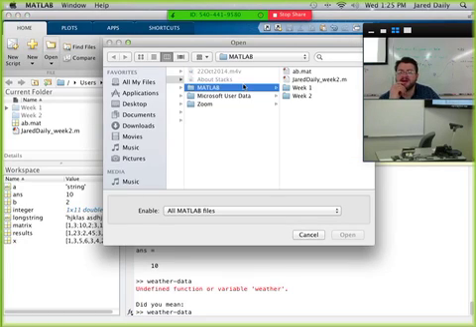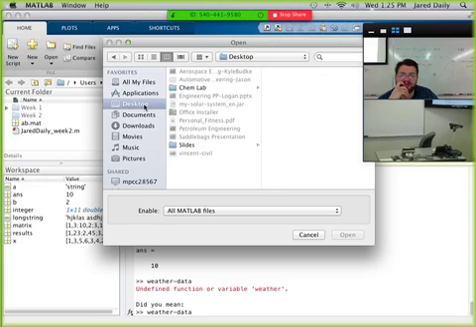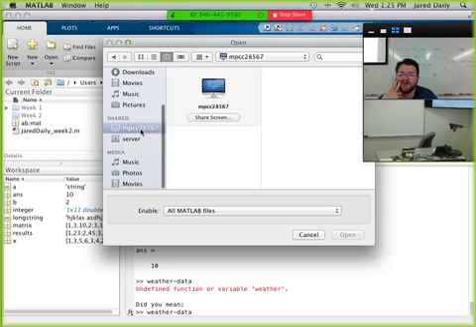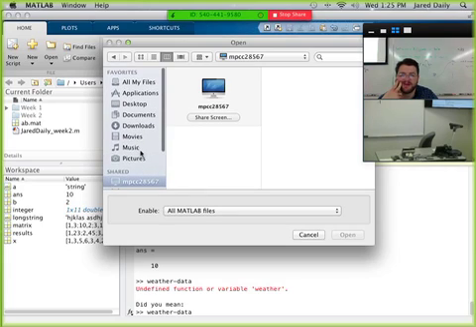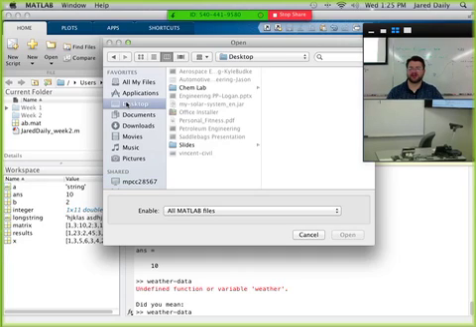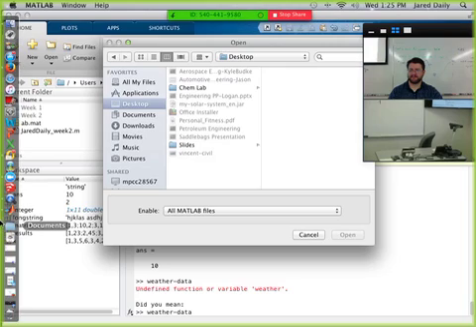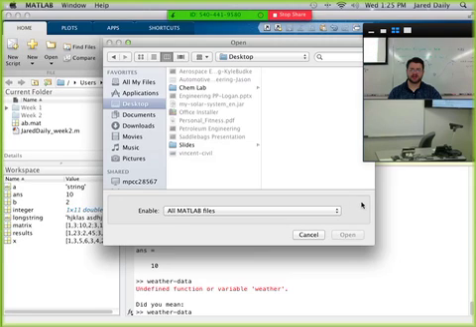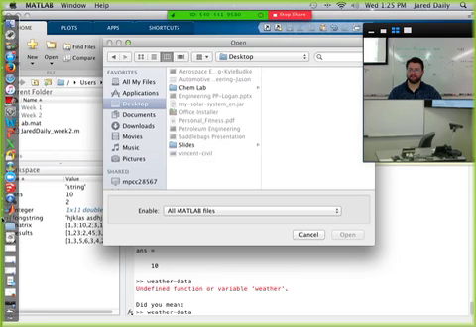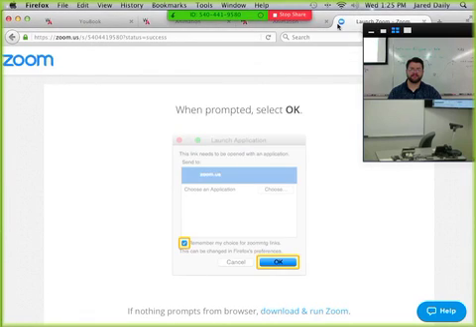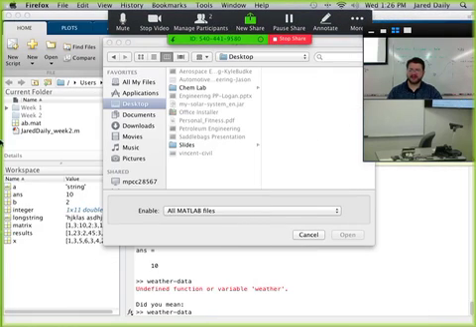Go to my MATLAB desktop. I'm not entirely sure it's going to let me get that file. All right, well, I'm actually going to just search for one.